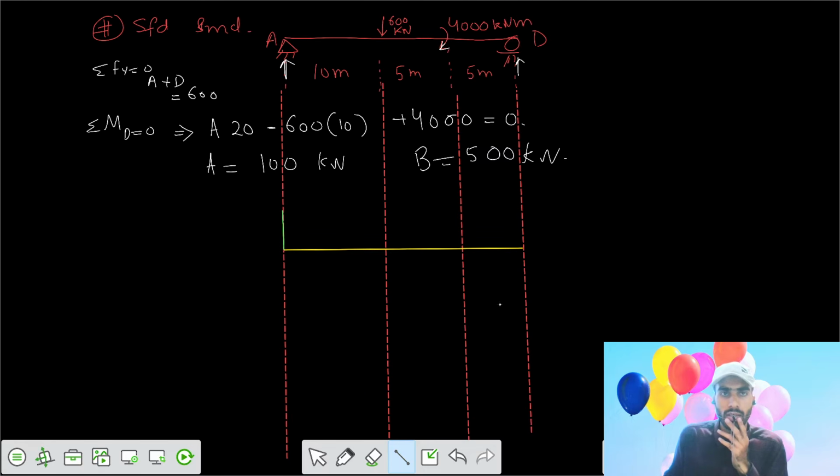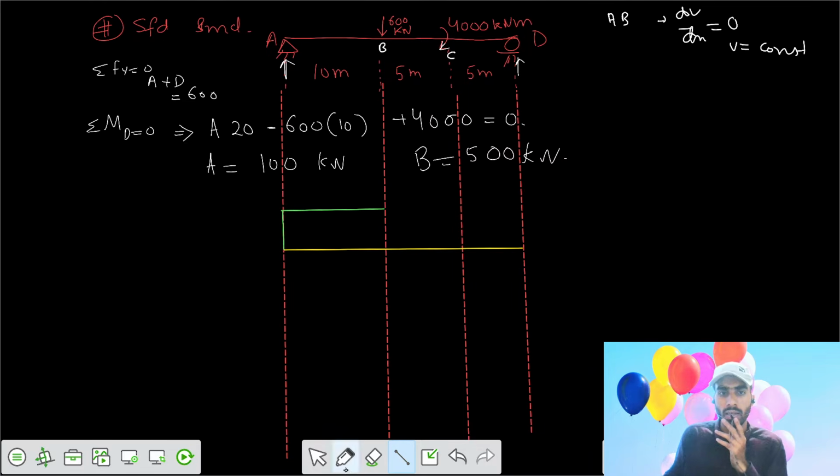Then since in the span A to 10 meter there's no external load, let's say here is B, here is C. We write for AB, dV by dx equals 0, because loading is not there. That means V remains constant. So we can go straight horizontal up to the point just before B.